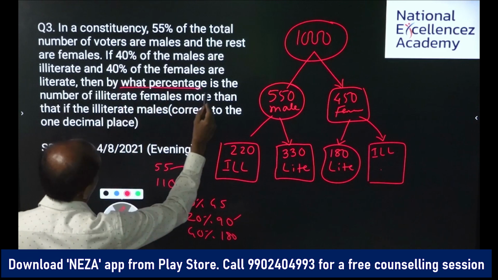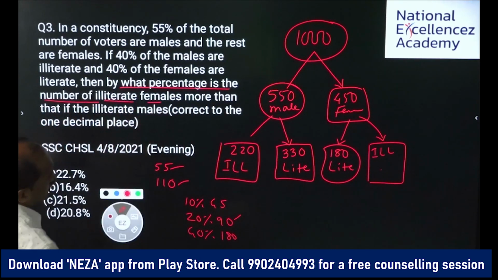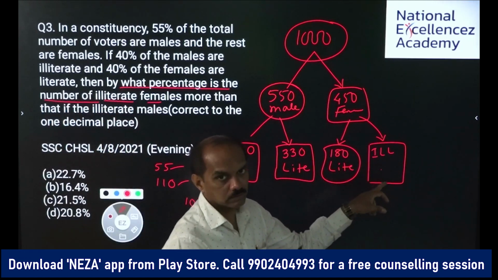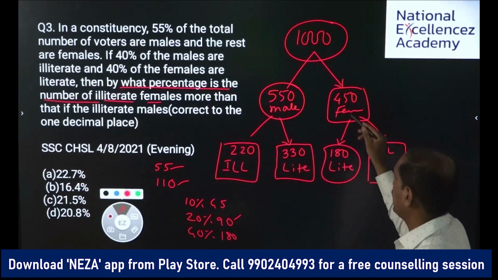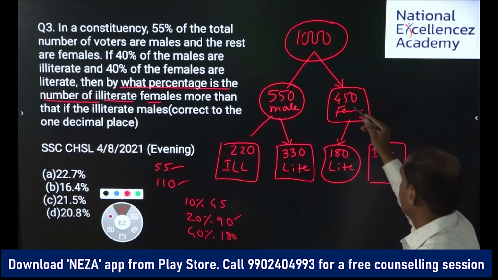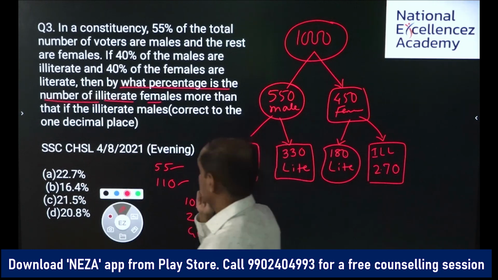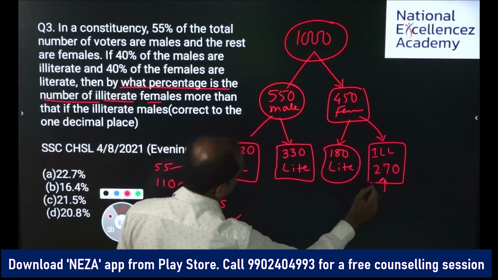By what percent is the number of illiterate females? Illiterate females. Literate we know, illiterate we don't know. Now we will have to do it. Okay. So 450 minus 180, 0 minus 0, 15 minus 8, 4 minus 2, right? So 270 are illiterate. The question mark is on this 270 only.